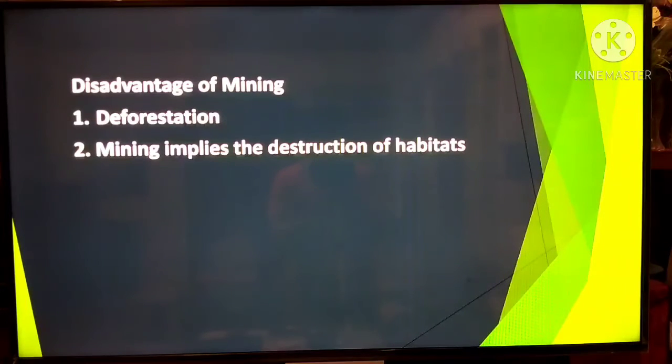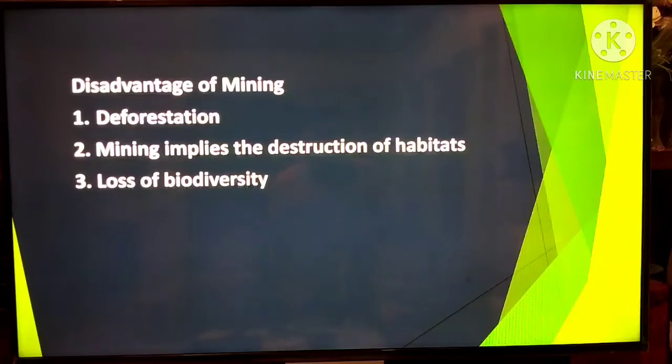However, how about the plants? Plants don't relocate, so they will eventually die, and the population of those plants will drop. Hence, mining can be quite harmful to our local flora and fauna since it contributes to the destruction of many natural habitats around the world.